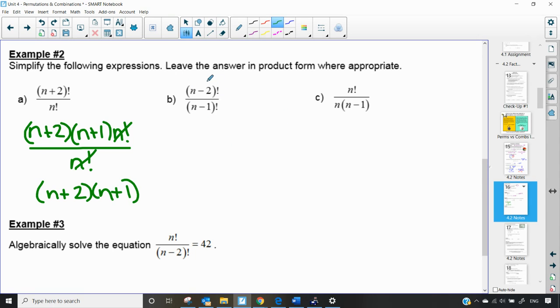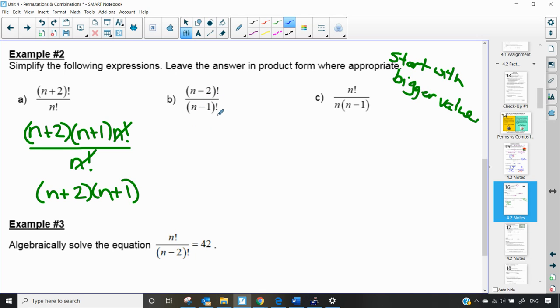Now, for the next one here, we've got n minus 2 and n minus 1. So you have to ask yourself which one is the bigger value. So we always start with the biggest value. Well, if I have a number, let's say 4, and I subtract 2, and I have a number 4 and I subtract 1, 4 minus 1 is going to be bigger than 4 minus 2.